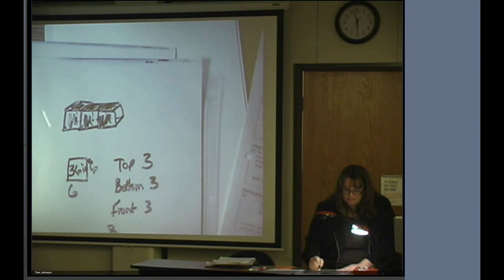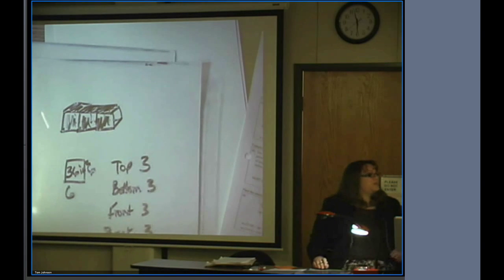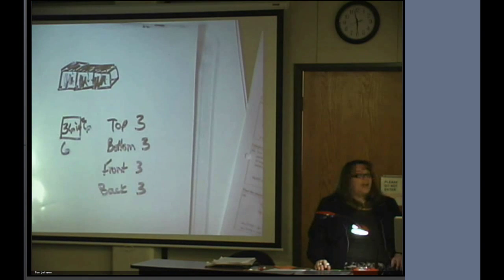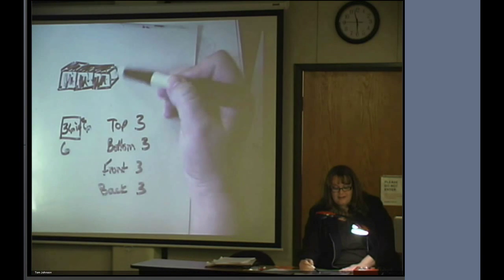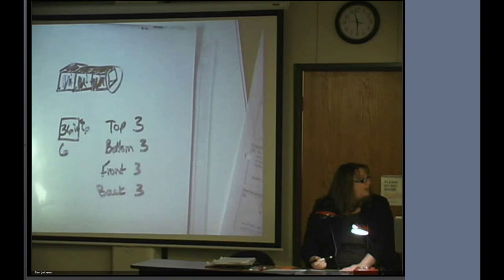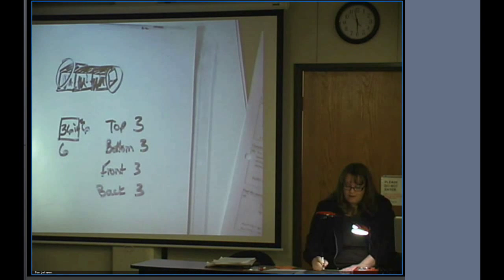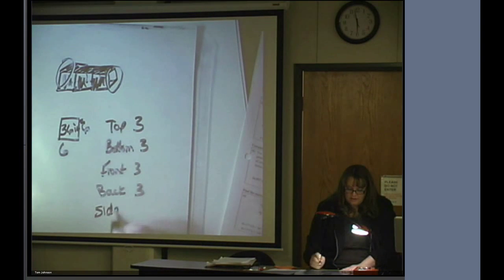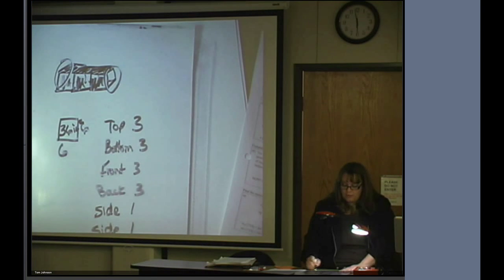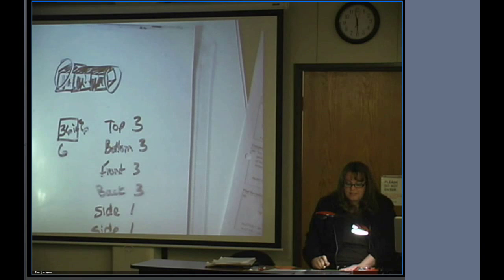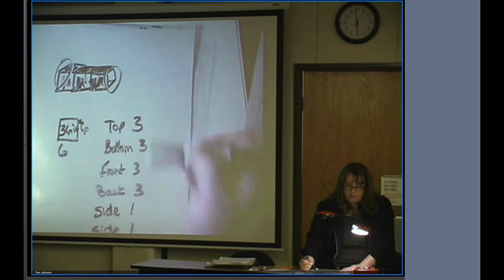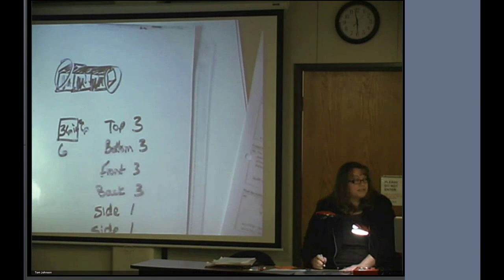So in the front, the back, and here's where it's a little different. How many do I have on the side? I have 1 right there, and if I have 1 right there, I'm going to have 1 over there. So on the side, I only have 1 for a total of 2. So total number of faces I'm actually seeing here are 12, 13, 14 faces.